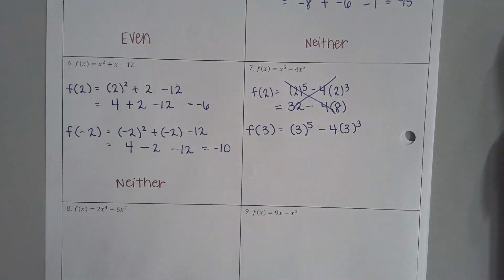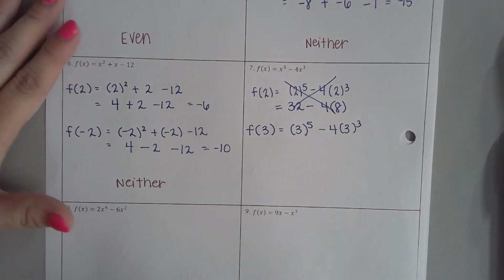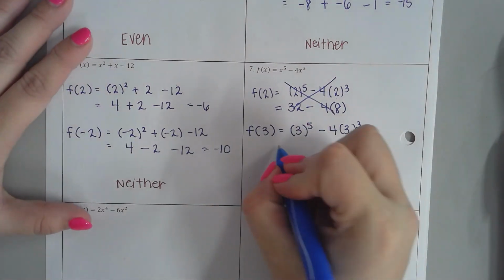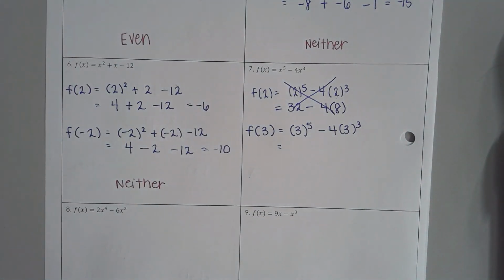All right. 3 to the 5th. 3 times 3 is 9, times 3 is 27, times 3. 27 times 3. Here's how you do it in your head. What's 20 times 3? 60. And 7 times 3, 21. 60 and 21 is 81.